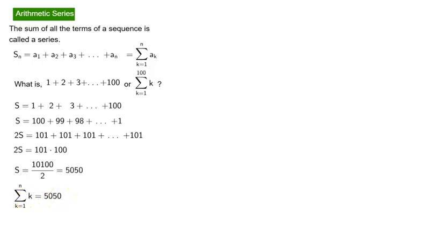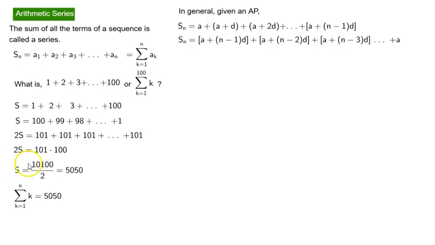So now let's try to arrive at a formula. In general, given an AP, that is arithmetic progression, S sub n is equal to a plus a plus d plus a plus 2d and so on up to a plus n minus 1 d. Now, just like we did here, we are going to write it in the reverse order.